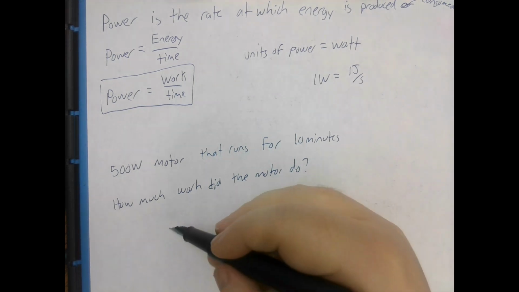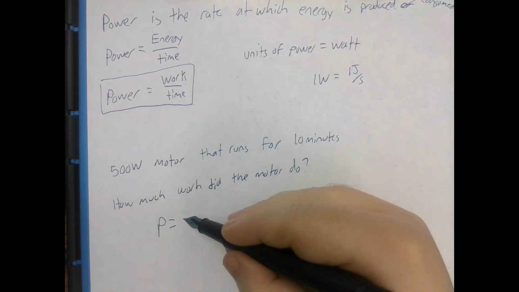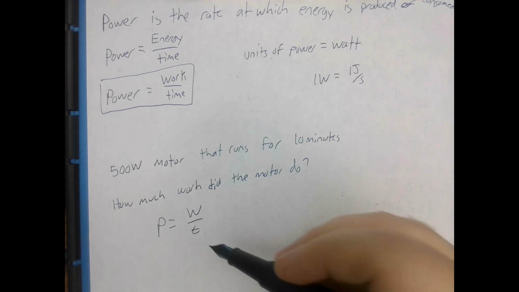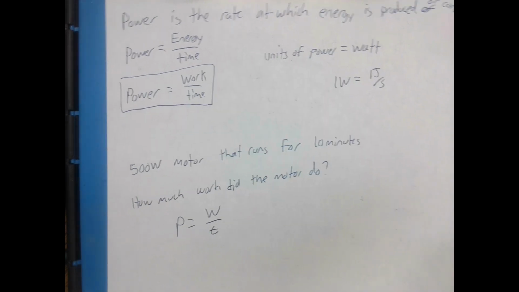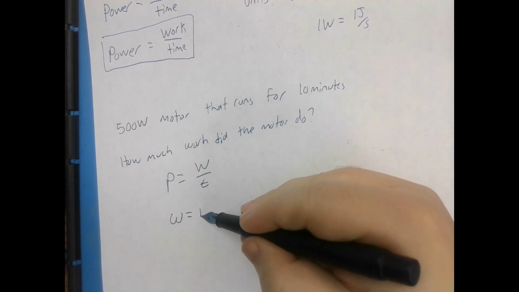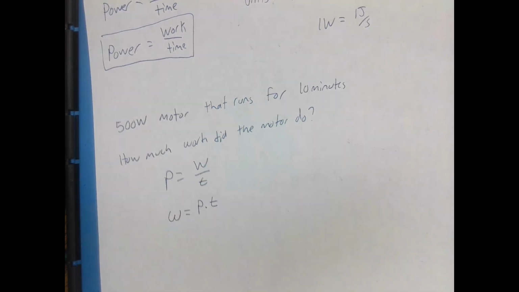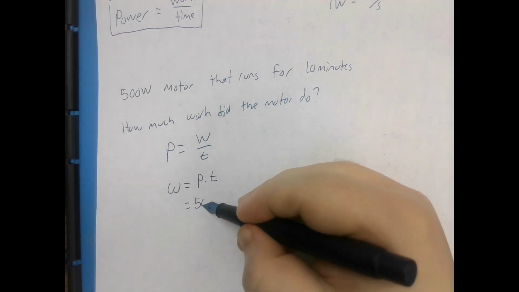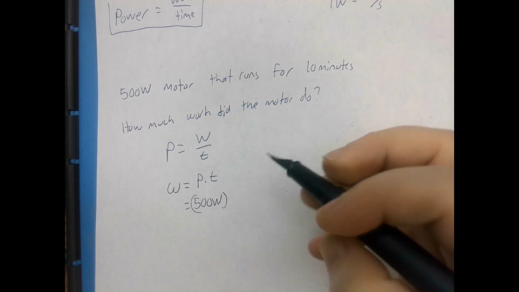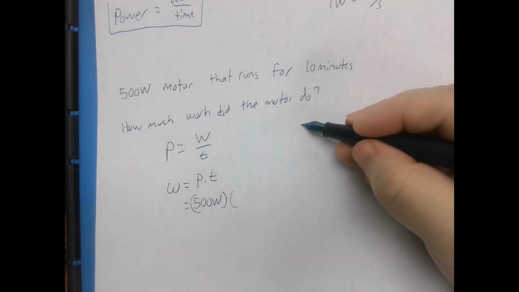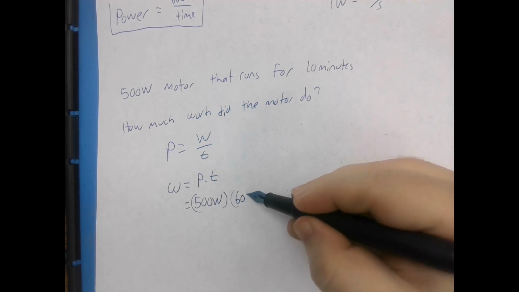Well, we know that power is equal to work over time. We can solve for work. Work is thus equal to power times time. Power is 500 watts, and for time, note that we need it to be in seconds, so 600 seconds.